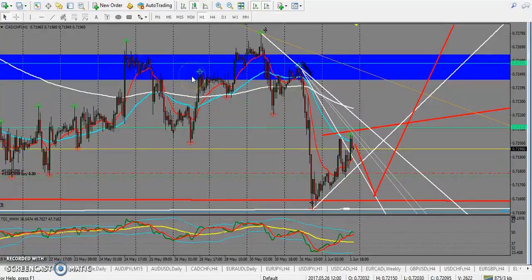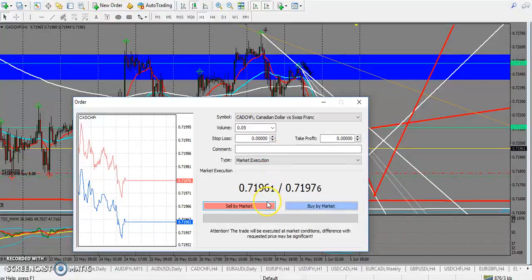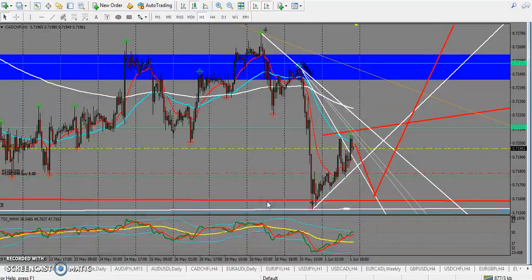So as for now, should I sell? Well, it is right here, bouncing off some resistance. So at this point, I'll go small. I'm not afraid to lose $12.